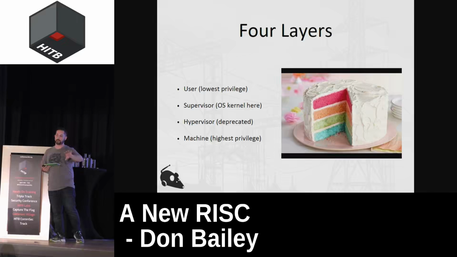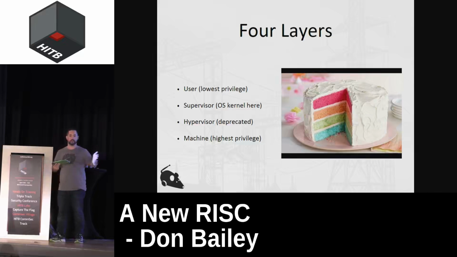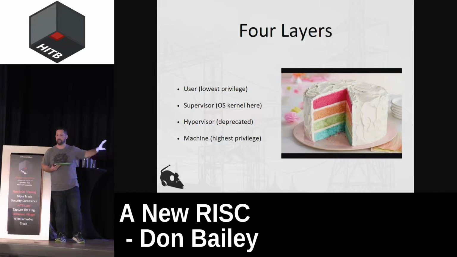This is where hypervisors really should live, so that you can have multiple supervisors running in different areas of physical memory that don't impact each other at all, right? So there's really no reason to have a hypervisor layer. You can just have the machine layer, highest level of privilege, basically doling out different privileges and peripherals to whatever operating system kernel is running, right?